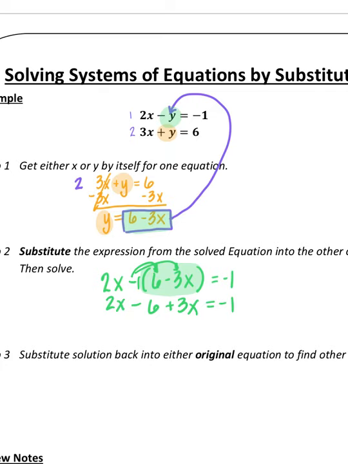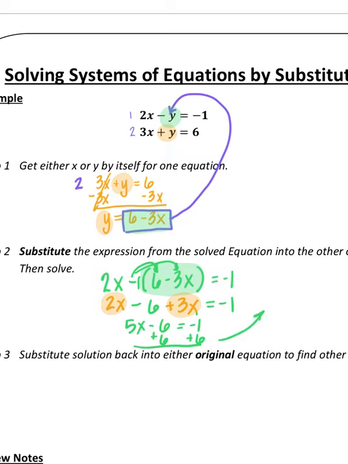Okay, I'm going to combine like terms, so I'm going to combine 2x and 3x, and I get 5x minus 6 equals negative 1. Now I'm just going to solve for x. So I'm going to add 6 to both sides.